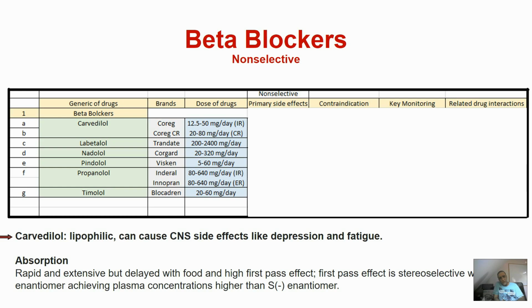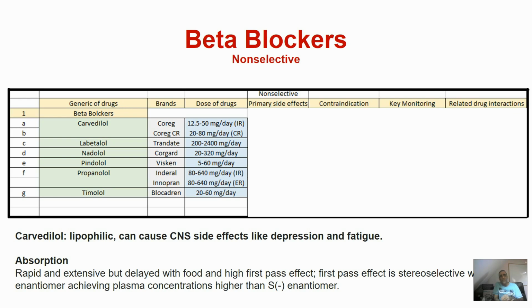The first drug of this family, non-selective beta blockers, is Carvedilol. It is lipophilic and can cause CNS side effects like depression and fatigue. Absorption for this drug is rapid and extensive.